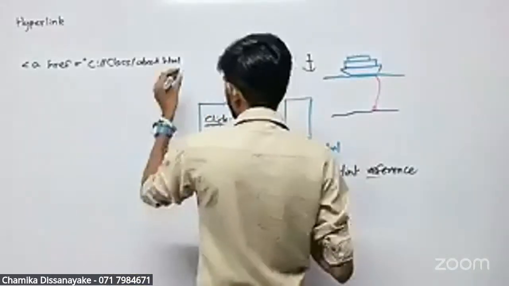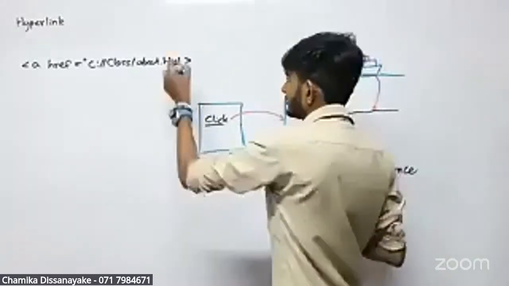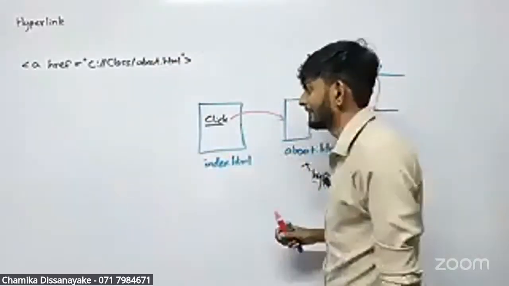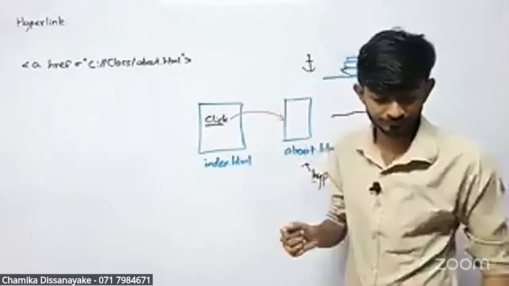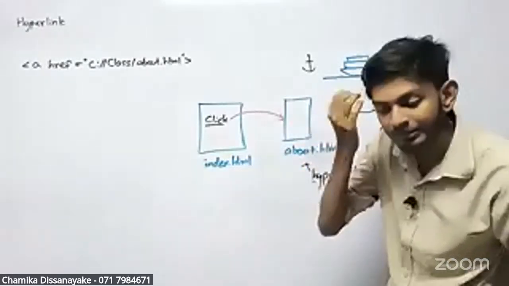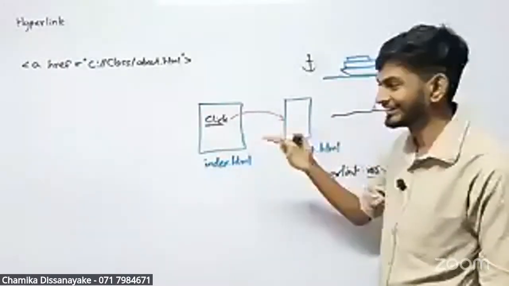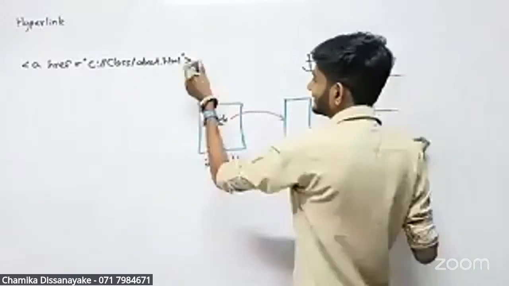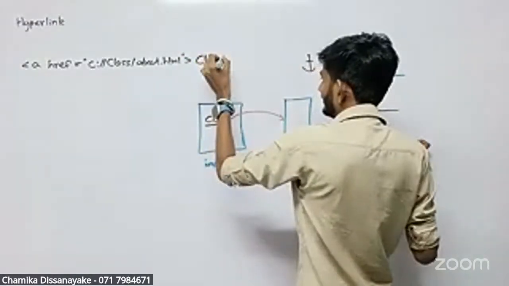Then we are going to close this tag. This is the opening tag. And then we are going to put the words we need to click. In this case, we have to click the click. So I'm going to put the word click.